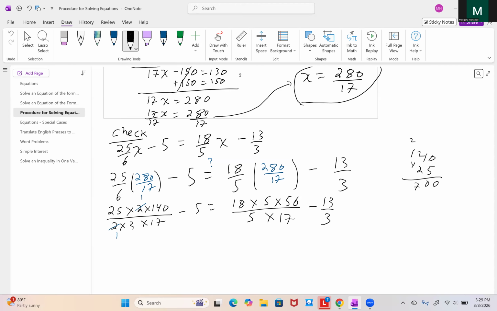So this product 18 times 56 is 1008 over 1 times 17, minus 13 over 3. So now we still put the question mark. Don't forget that. Okay, so we want, these have different denominators. We multiply this by 17 over 17, and we multiply this by 3 over 3.